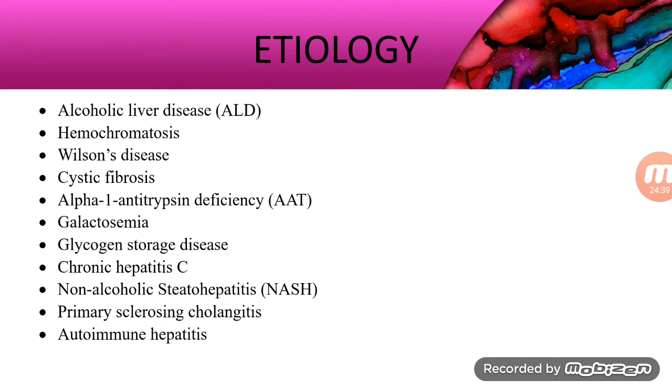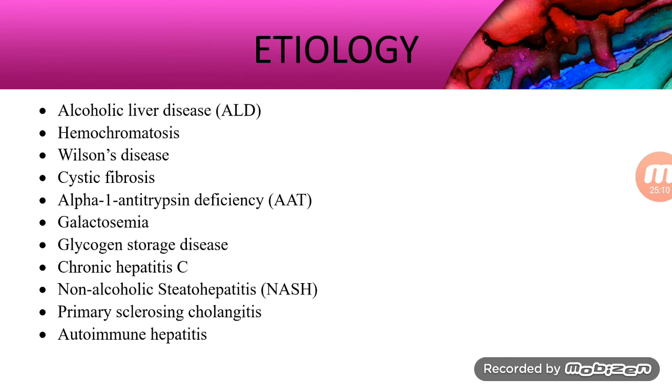Then galactosemia. Galactosemia is also an inherited, genetic disorder, where the body is unable to utilize the simple form of sugar called galactose. The simplest form of sugar is known as galactose. That galactose cannot be utilized by the body properly due to a genetic problem.